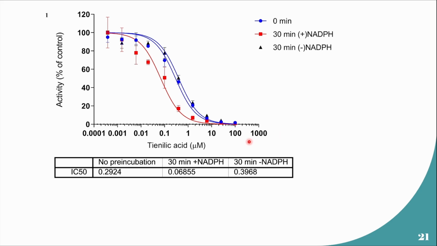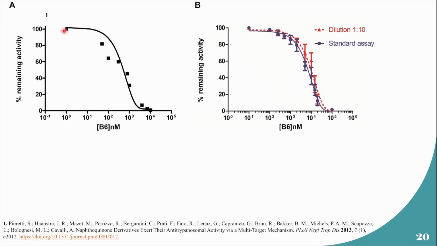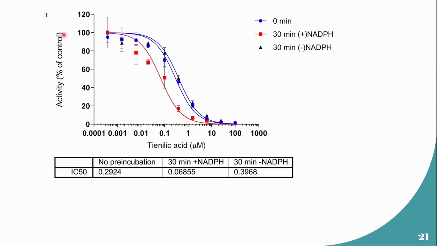Something like this we can also have, for example, at 0 minute, 30 minute, and then 30 minute. Basically, under different concentrations you can get the activity results. In this particular graph the y-axis is written a little bit differently. Before it was remaining activity; here it is written as activity in terms of percentage of control.